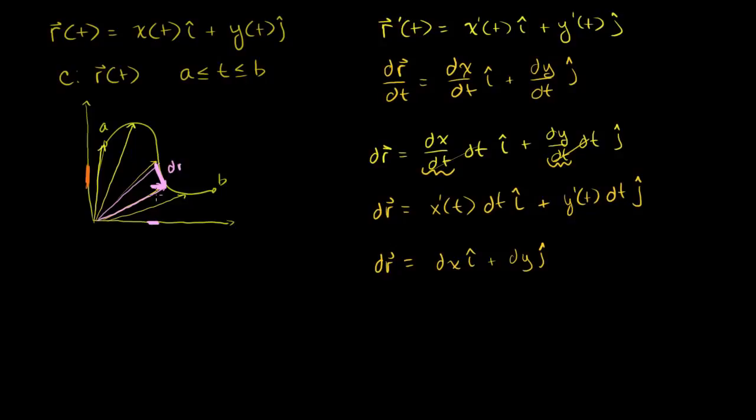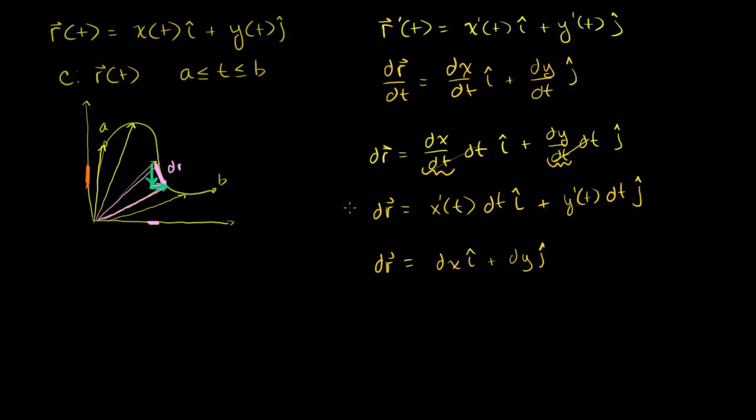So when you multiply this distance times the unit vector, you're essentially getting this vector right here. And when you multiply this guy, and actually our change in y here is negative, you're going to get this vector right here. So when you add those together, you get your change in your actual position vector.